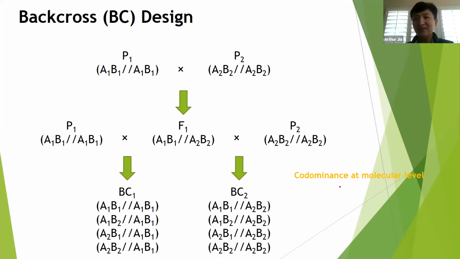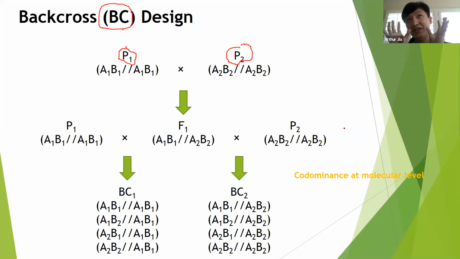Good. All right, so let's look closer at this design. So this is the backcross design. Usually we use BC to represent this backcross design. And we start from 2 pure parents in terms of these 2 loci. So here we only talk about the 2 loci, A and B, because we want to see if these 2 loci are linked or not. If they are linked, what's the distance between these 2?